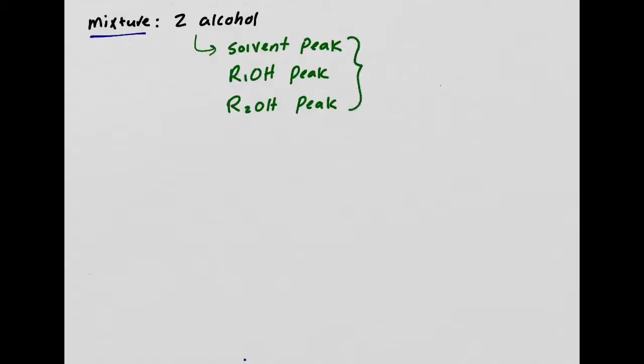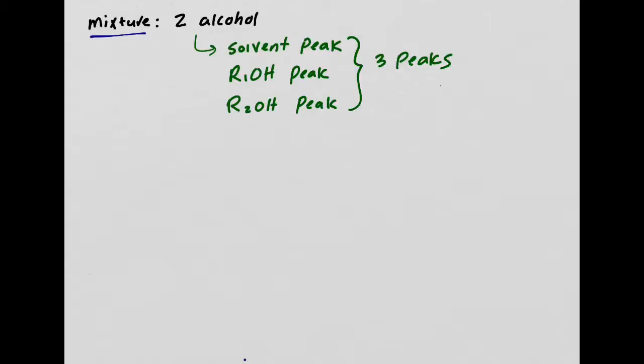So how many peaks do you expect? You are expecting to get 3 peaks when you run your GC. Okay, it's kind of good to know what you're expecting. So we're expecting to get 3 peaks when you run your GC, not JC.